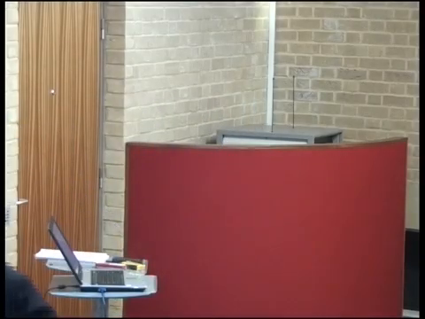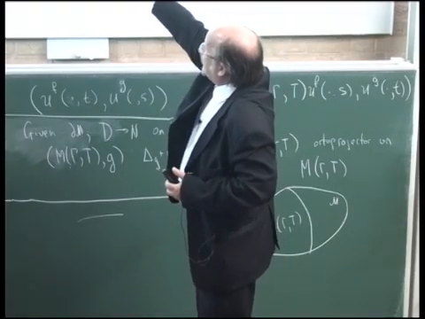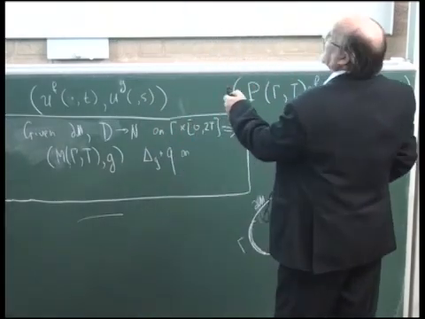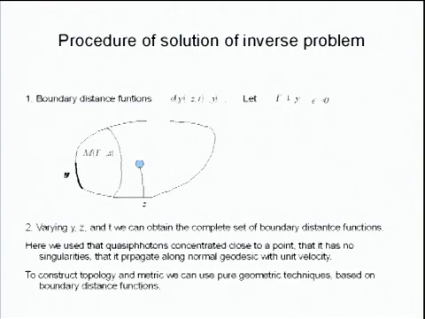So if s is large enough, we see something practically constant. If s is decreasing, then for some position, if somewhere here it comes through the quasi-photon, then our quasi-photon will be outside the domain M gamma s.